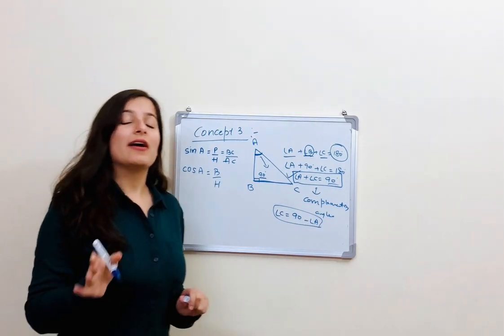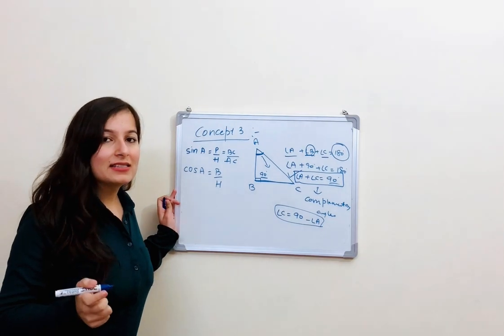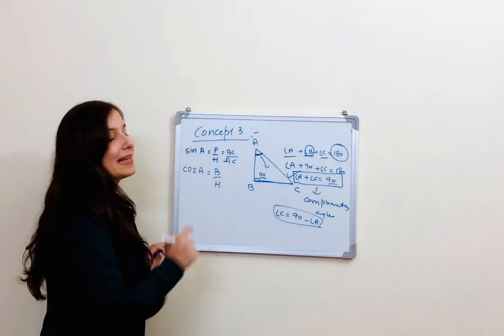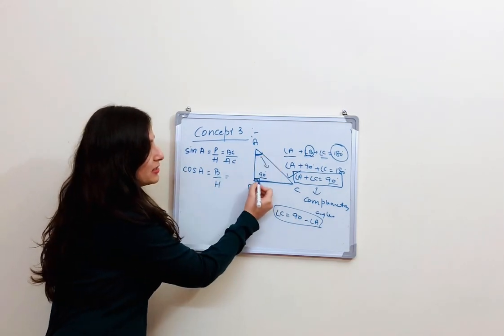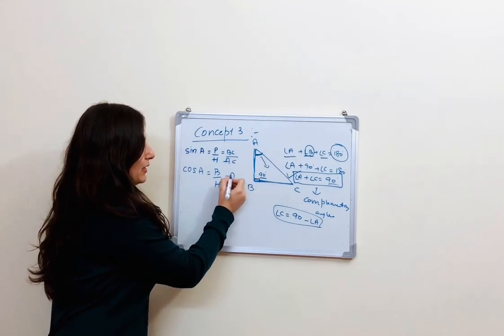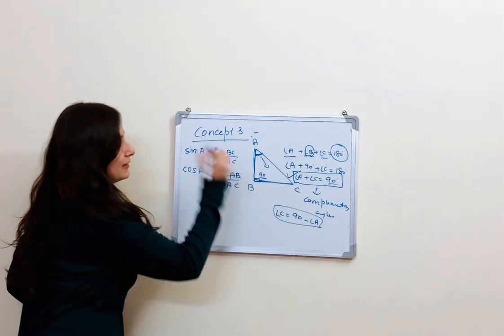These ratios were already covered in our first video. If you don't know how to find these, please check my first video. Here we are using cos A equal to B by H. Again, according to this A, if this is the perpendicular, then the remaining side is the base, which is AB. And hypotenuse is again AC.